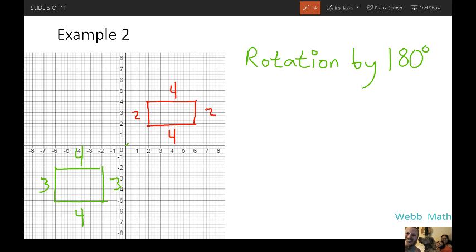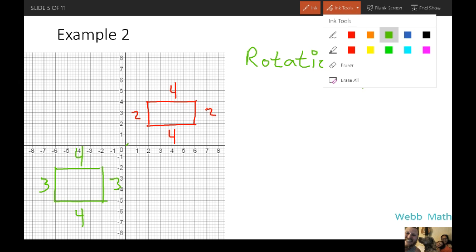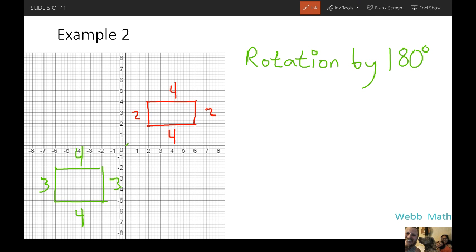Okay, so this is an example of when your two images are not similar.